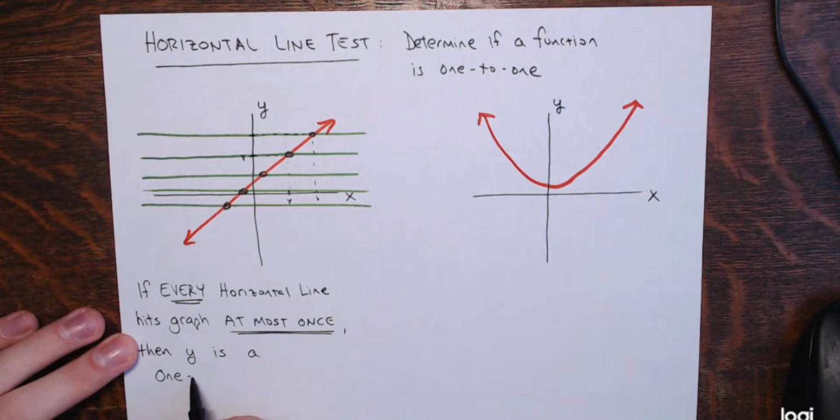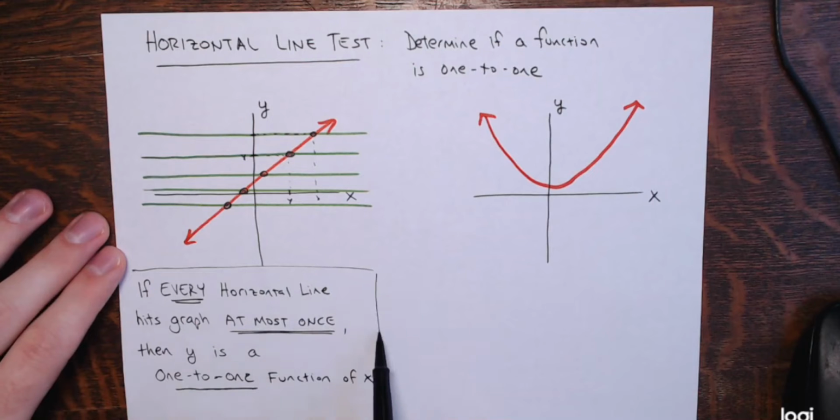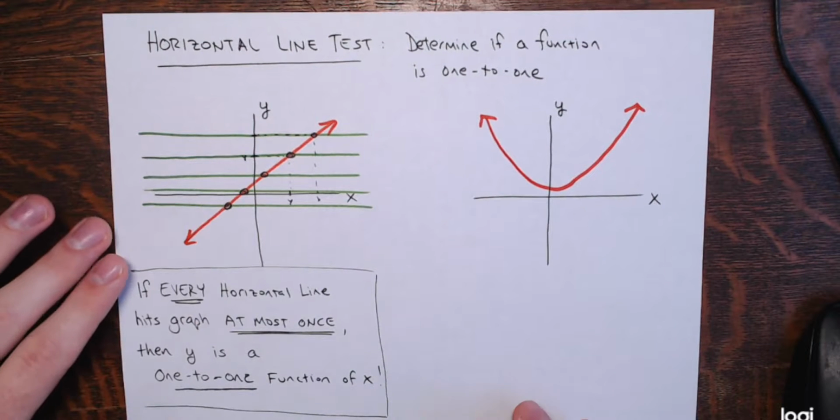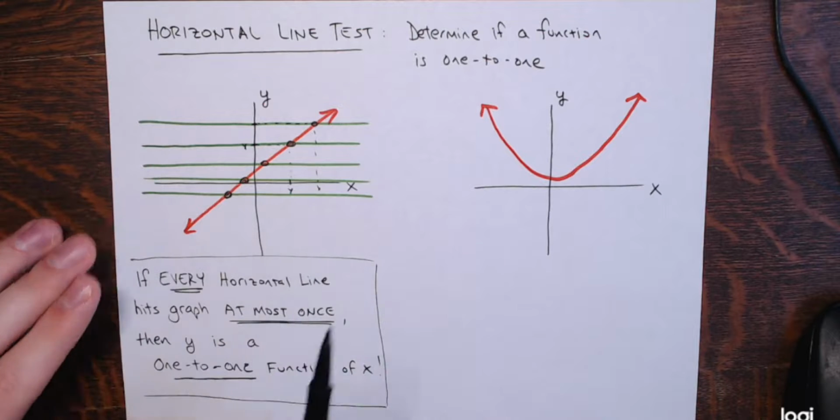Then you do have a graph that represents a one-to-one function. Okay, so this is the beginning, part one of the horizontal line test. All right, but it's got to be every horizontal line hits the graph at most once.